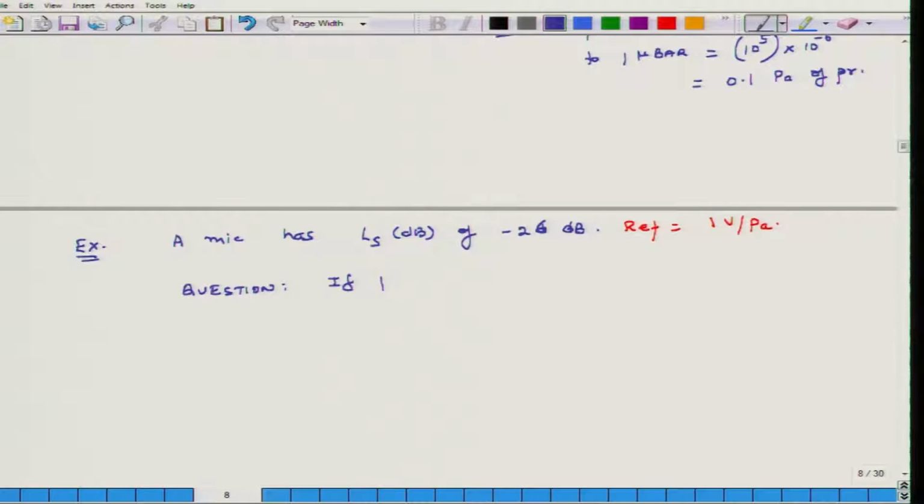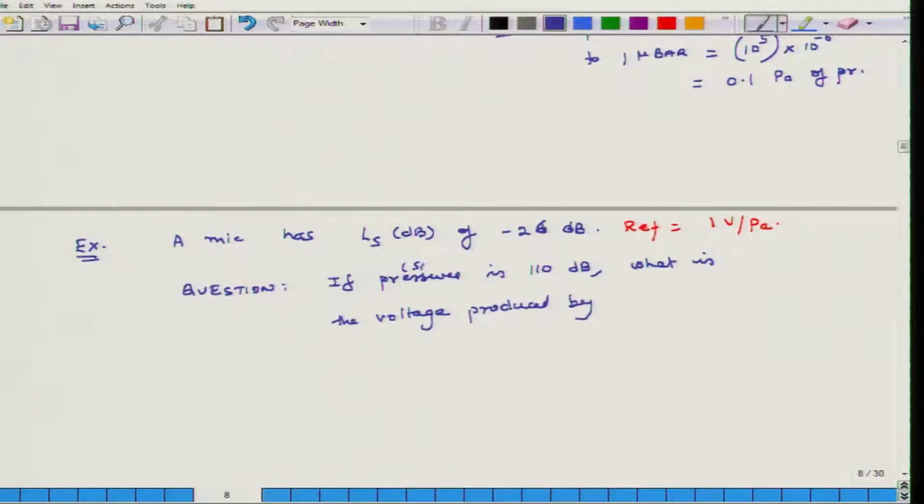So the question is, if the sound pressure level is 110 decibels, what is the voltage produced by the mic?